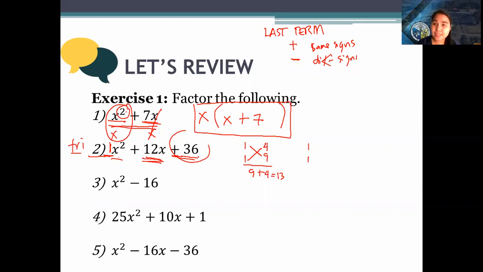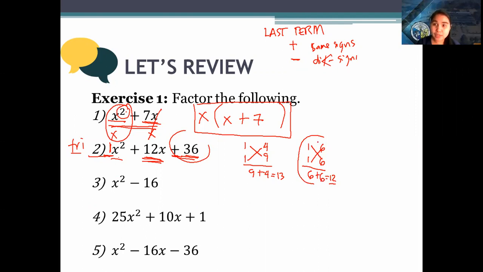How about 36? Oh, very good. We have 6 and 6. Let's do cross multiplication. So 1 times 6 is 6. 1 times 6 is 6. You add them, the answer is 12. The same, right? So this will be our combination. How will you write this in factors?